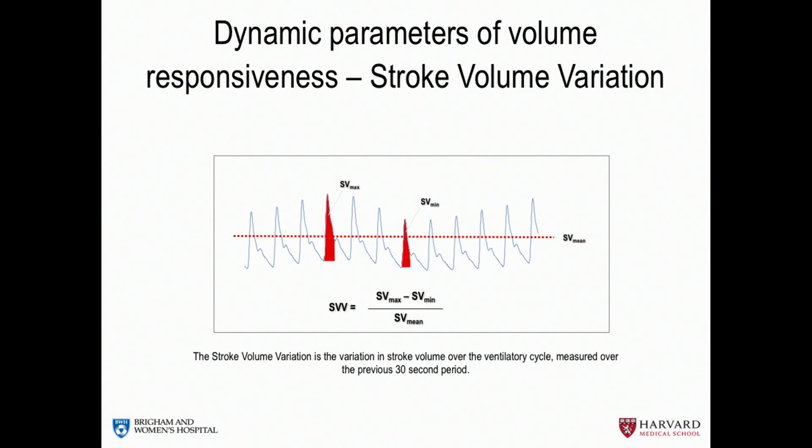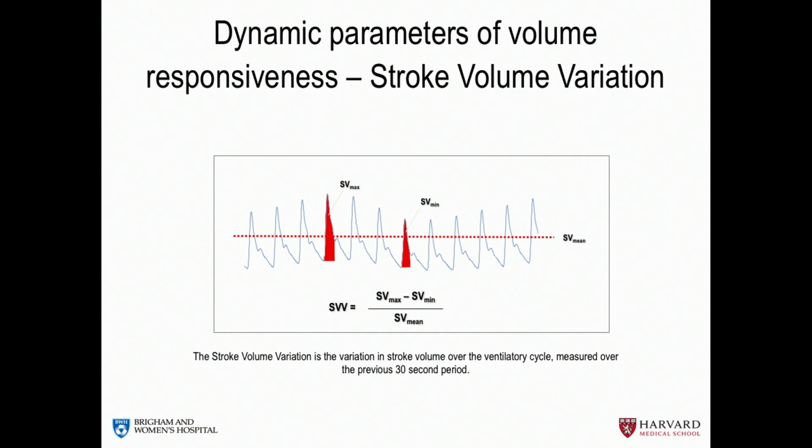And then we can also look at minimum stroke volume, which would be at end expiration. When we look at that over a 30-second period, we can see a number of cardiac cycles, and we can calculate stroke volume variability based on that stroke volume max minus stroke volume minimum divided by the mean stroke volume. And all of that can be based on an arterial pressure waveform.